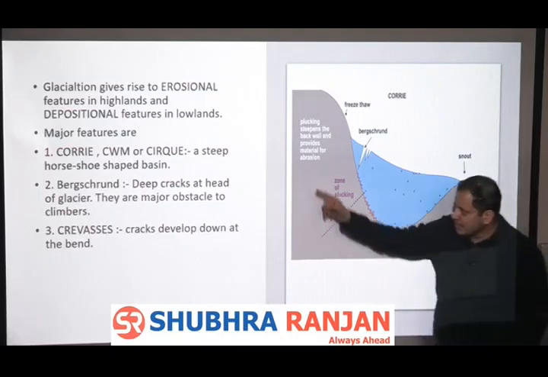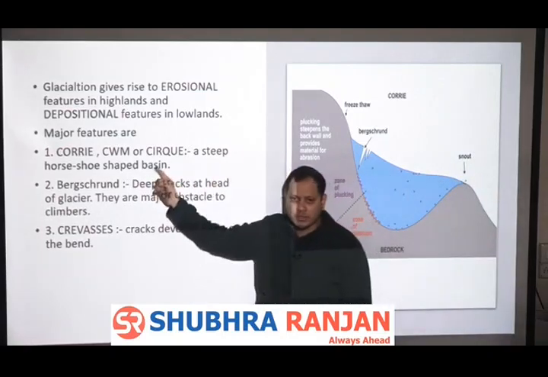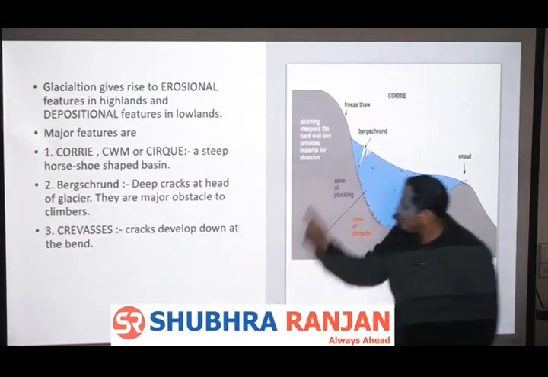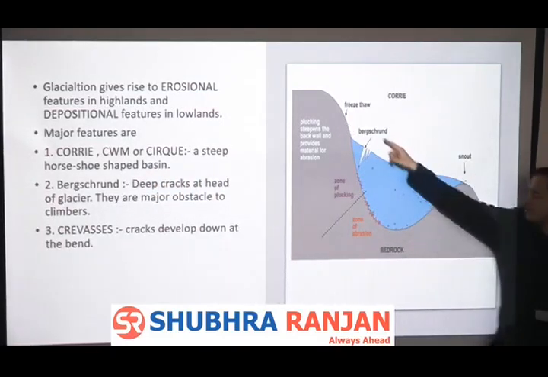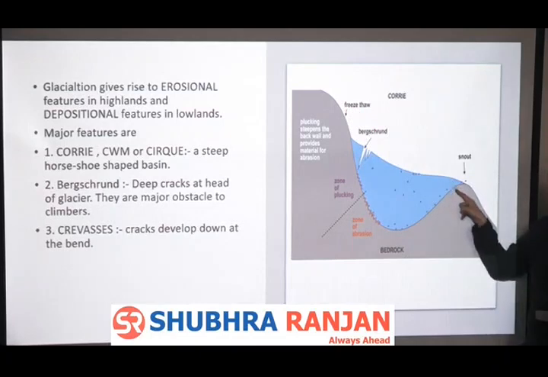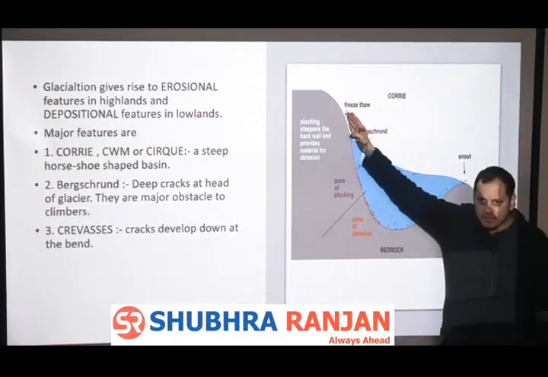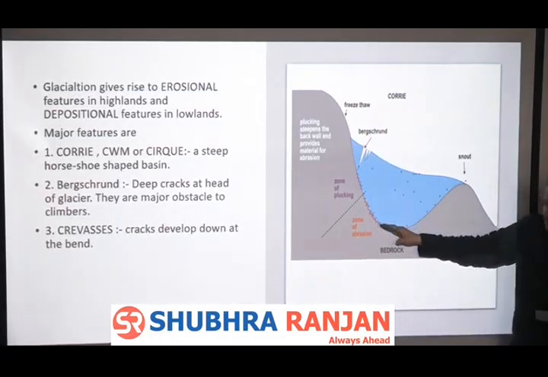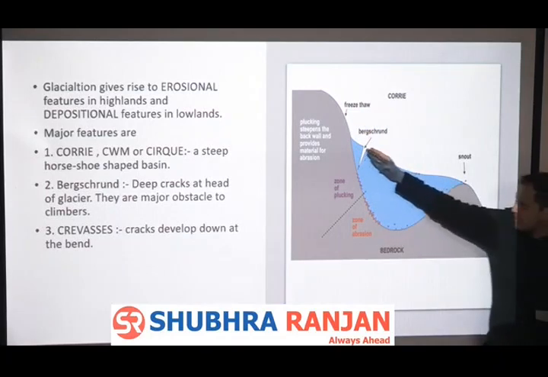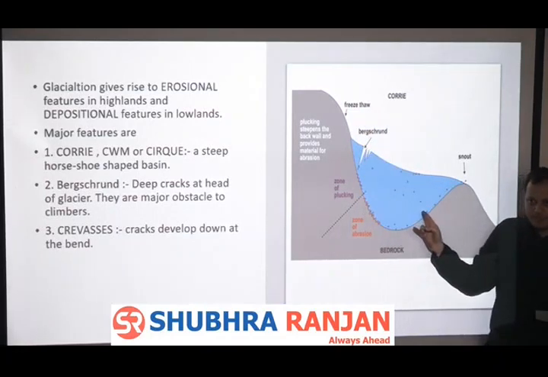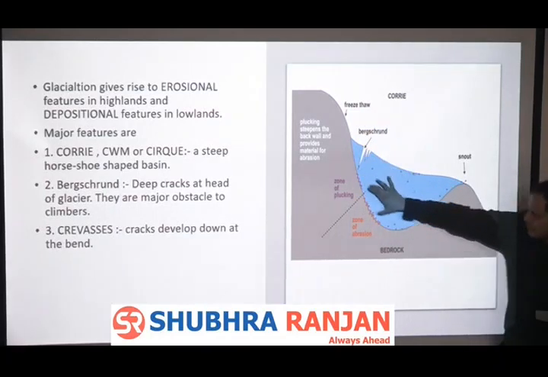What is it? It is a steep horseshoe shaped basin. पहले mountain ऐसा था. Now because of the glacier moving downwards, it has become steep from here and it has become deep from here. ऐसे move कर रहा है glacier, right?